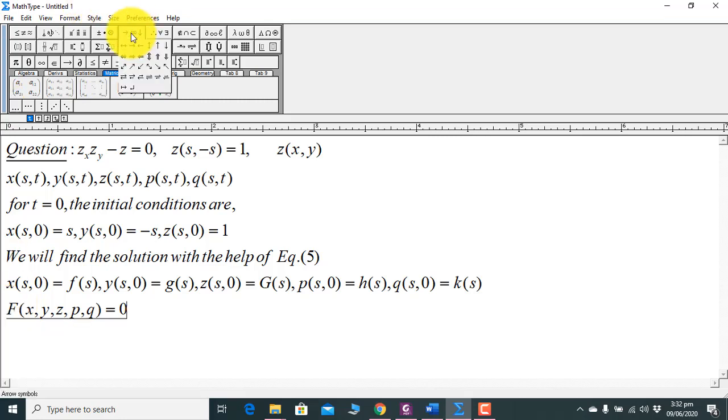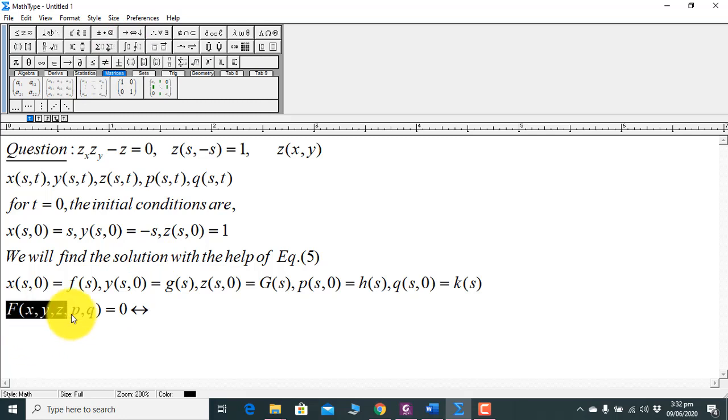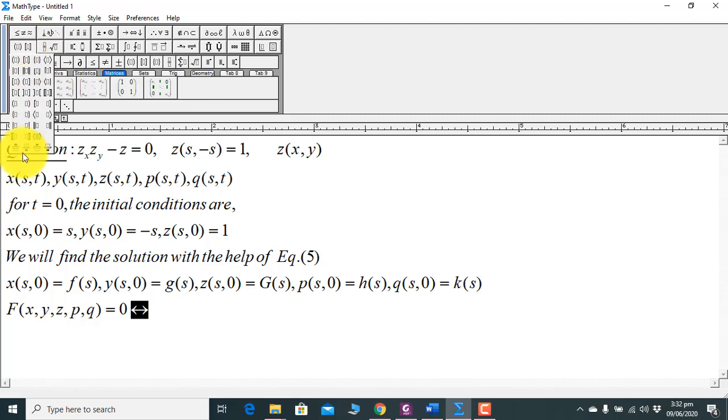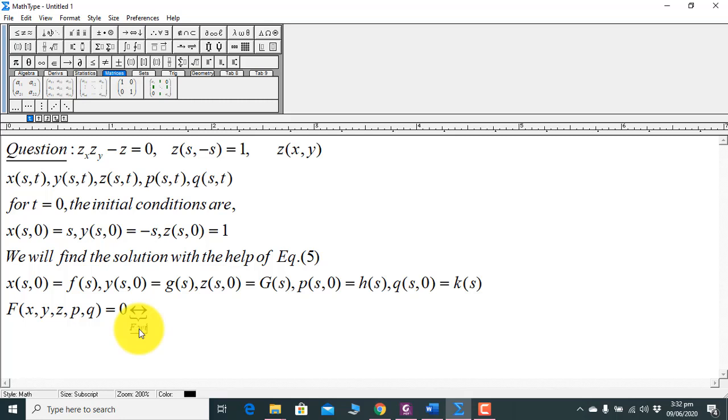Analogously, if capital F is 0, then capital F of the conditions will also be 0. I am writing: capital F with conditions will also be 0, because capital F is general, and if you put the conditions, this will also satisfy.